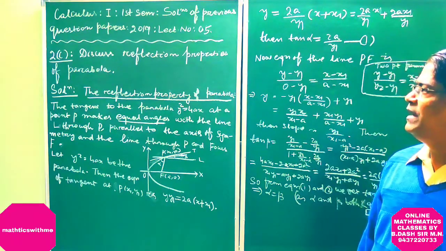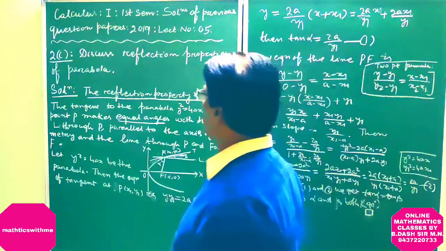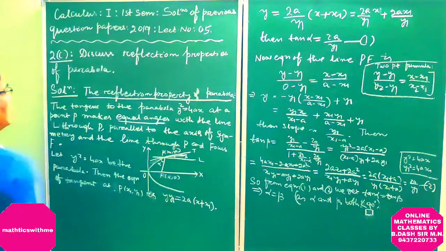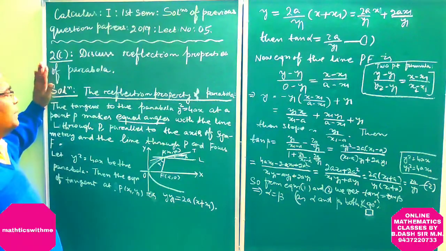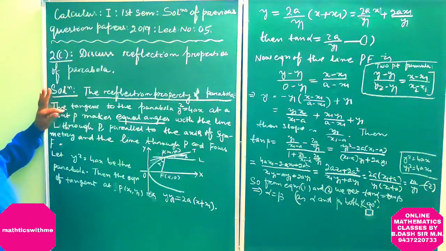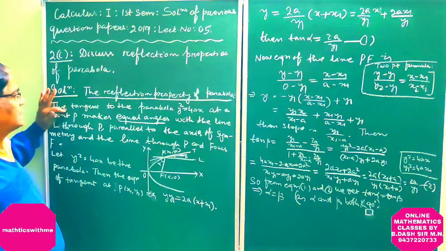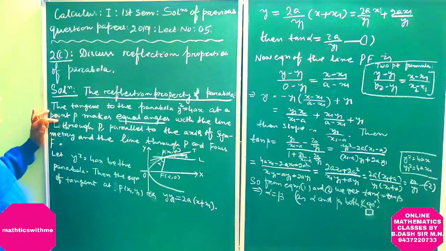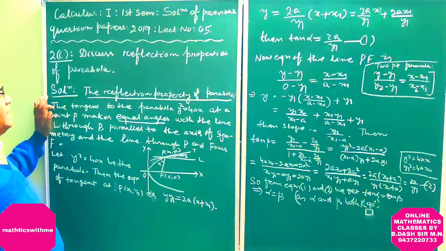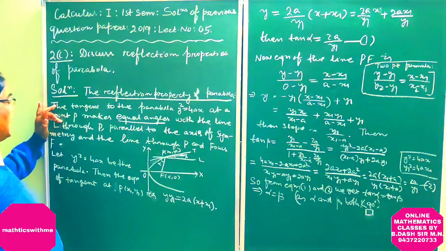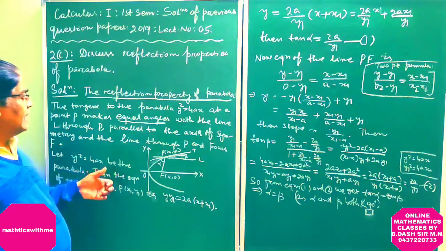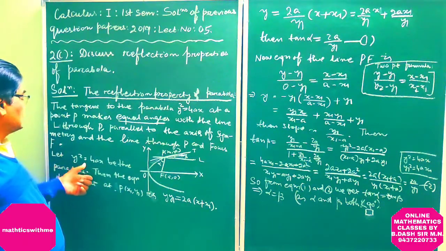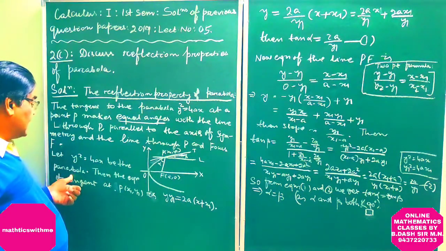Here the question is: discuss the reflection property of a parabola. The reflection property of a parabola is that the tangent to the parabola y square is equal to 4ax at a point P makes equal angles with the line L through P parallel to the axis of symmetry and the line through P and F. Let y square is equal to 4ax be the parabola.